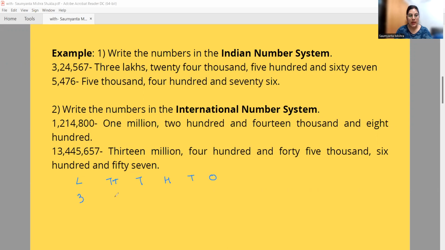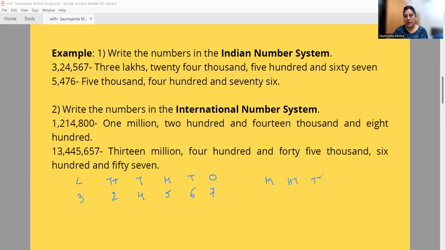So 3 will come under lakhs, 2 will come under 10,000, 4 will come under 1,000. Similarly, 5, 6, and 7. So this number will be read as 3,24,567.